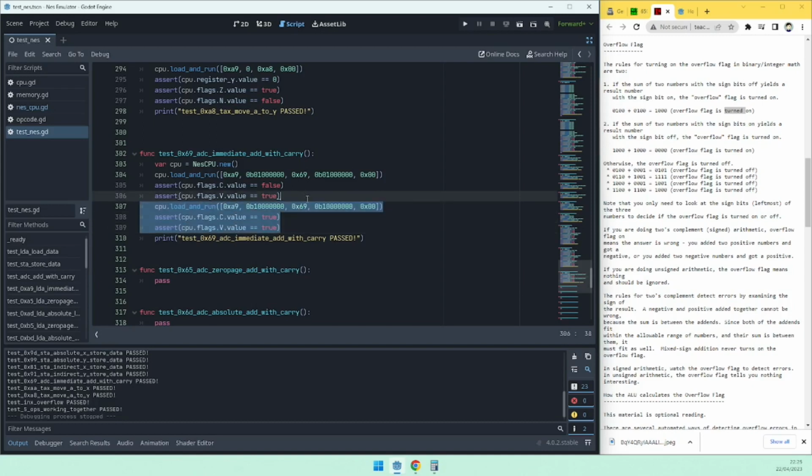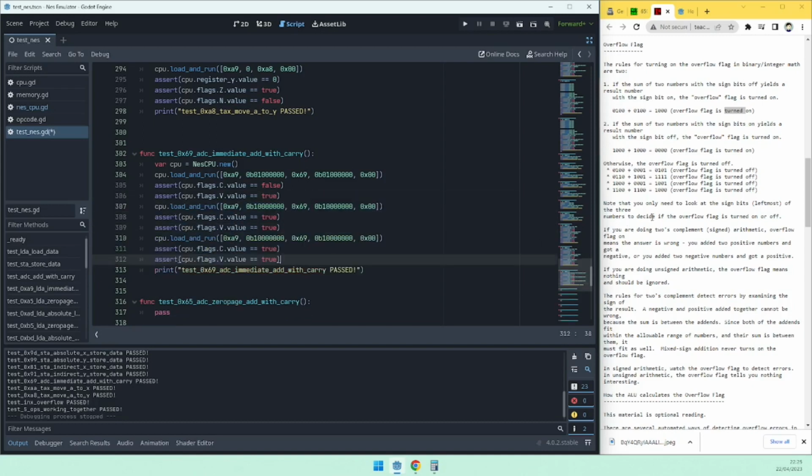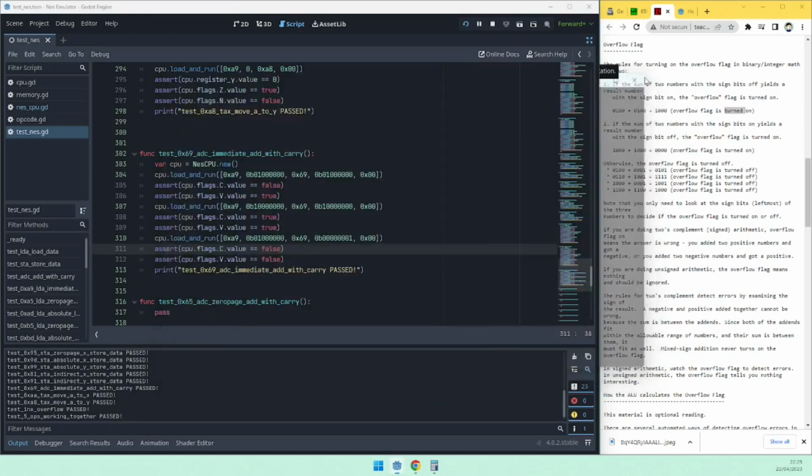The third one. 101. So this is the second bit and the first bit. This will not produce an overflow and not produce a carry. The thing happens.